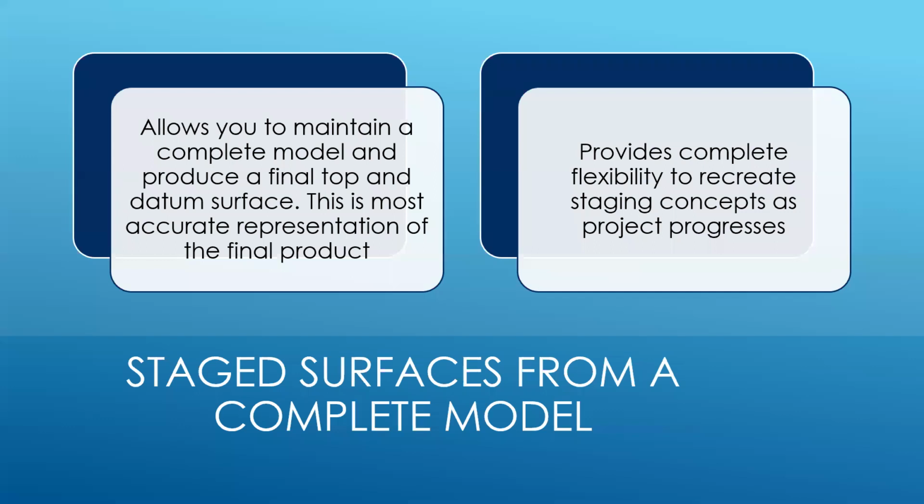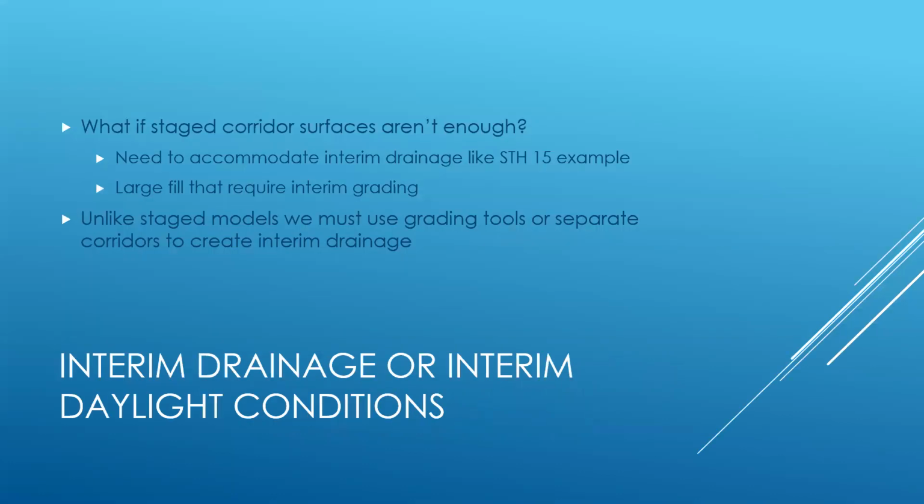Okay, so now that we've created these stage surfaces from a complete model, let's look at something a little complicated that will build upon that. So what if the stage corridor surfaces aren't enough?